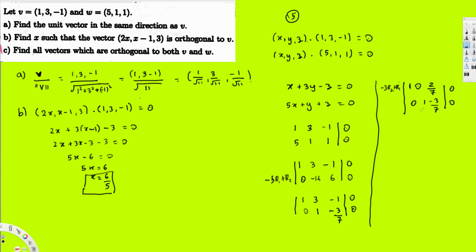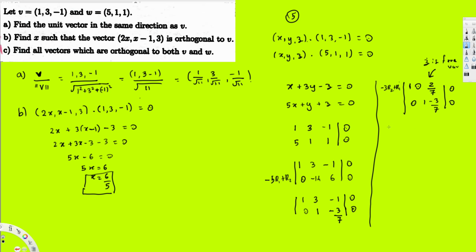Now I can solve the system. We know this is the free variable because this column doesn't have any pivot, so z is the free variable, and therefore I have to write everything in terms of the free variable.